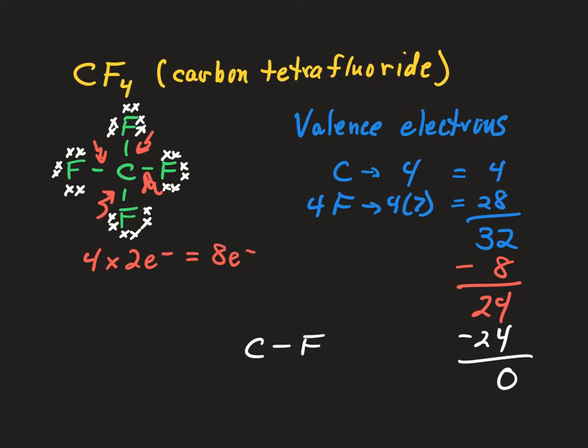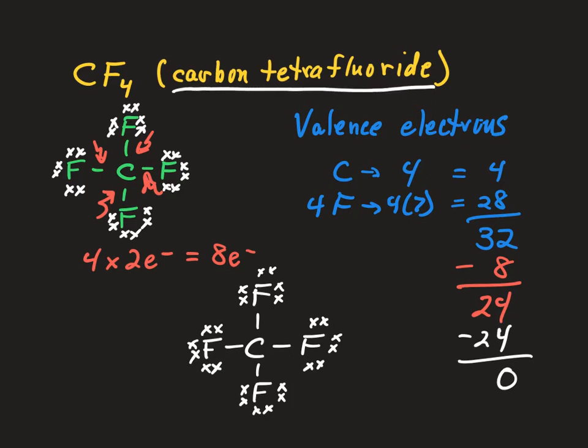Lewis structures include not only bonds, but also unshared electrons. I prefer X's for unshared electrons. Some people prefer dots, and I prefer that electrons be shown individually. And so that is the appropriate Lewis structure for carbon tetrafluoride.